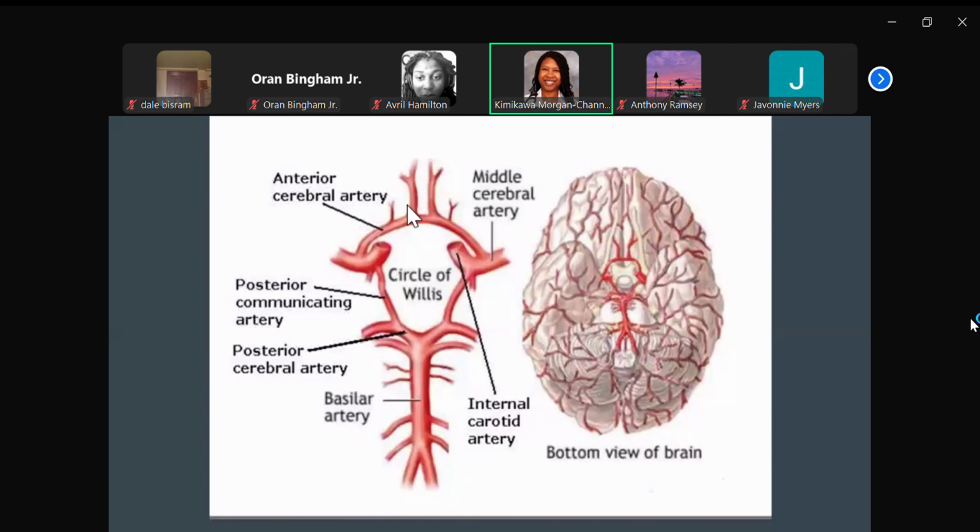You can have mood changes. With the middle cerebral stroke, you can have Broca aphasia, expressive aphasia, and the limbs are involved. Now, always remember an acute onset of loss of balance, that's a posterior circulation stroke.